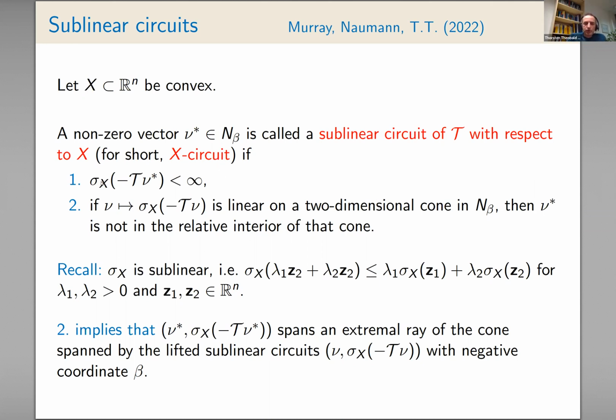The first condition is that the support function of this operator, minus the operator T times ν*, must have a finite value. To remind you, this is the operator which describes a convex combination with coefficients ν*.